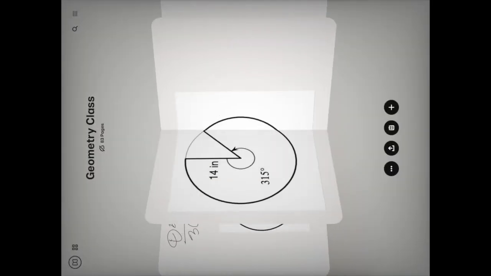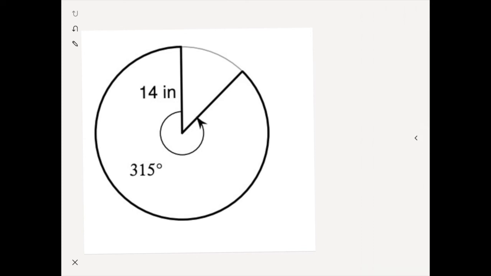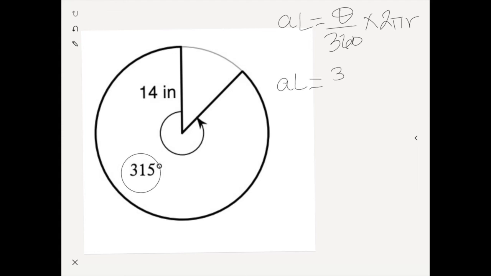Let's try another example. Right here, let me just write the formula. Arc length is theta over 360 times 2 pi r. So AL is, my theta is 315. So I have 315 divided by 360 times 2 times 3.14 times 14 for my radius.